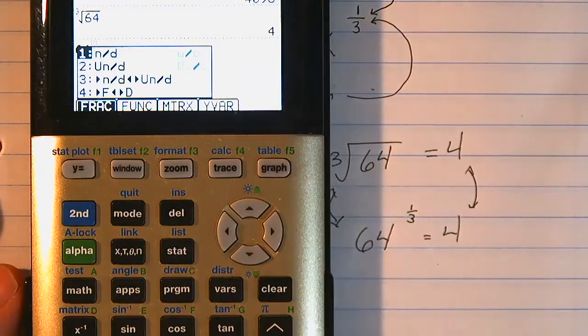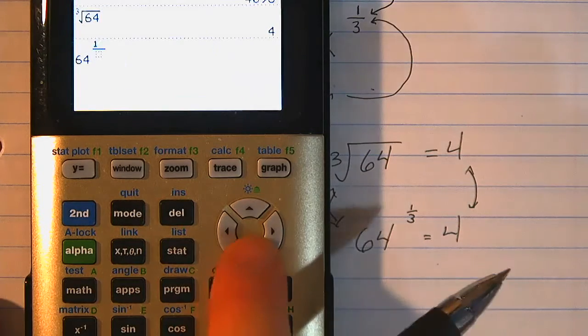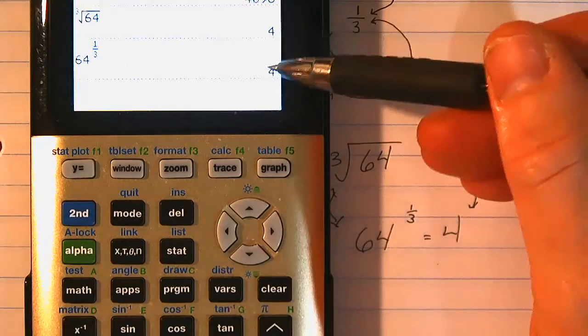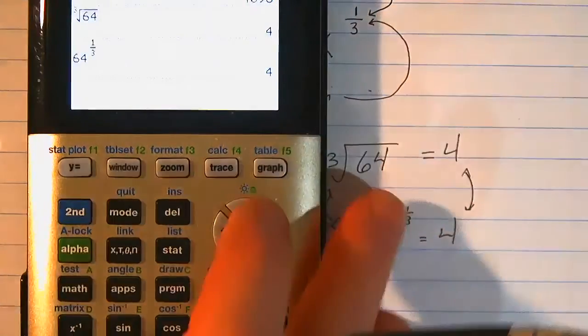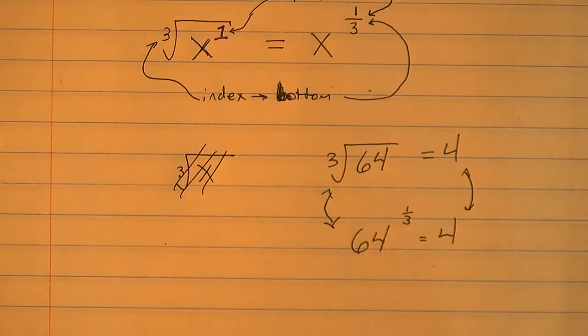So if I choose alpha F1 and I choose the first option, now I can type in a fraction. And so now I've got an exponent that's a fraction, 64 raised to that power, and notice the answer is exactly the same. So this becomes just a different way of writing the same idea.